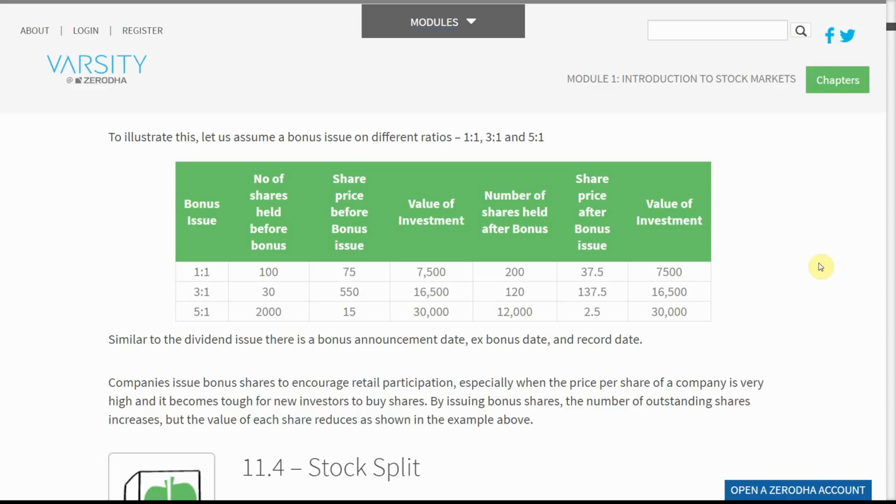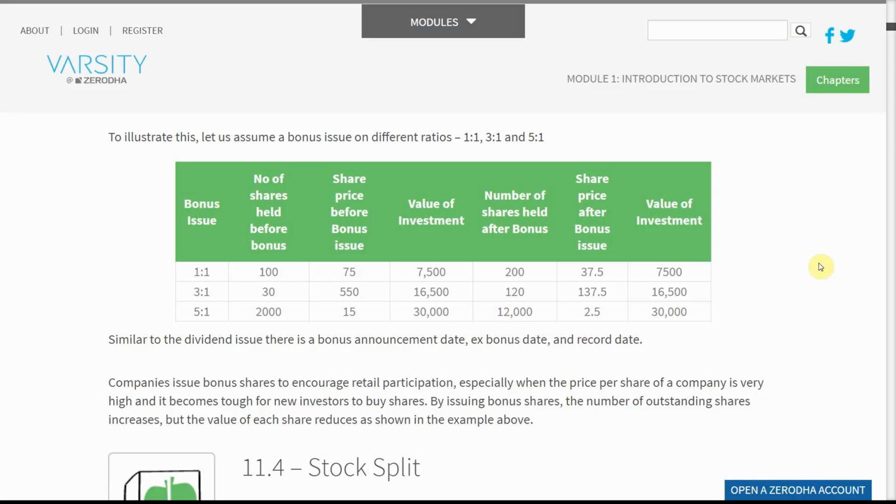Bonus issue, number of shares held before bonus, share price before bonus issue, value of investment, number of shares held after bonus, share price after bonus issue, value of investment. 1 to 1, 175, 7,500, 237.5, 7,500. 3 to 1, 30, 550, 16,500, 120,000, 137.5, 16,500. 5 to 1, 2015, 30,000, 12,000, 2.5, 30,000.